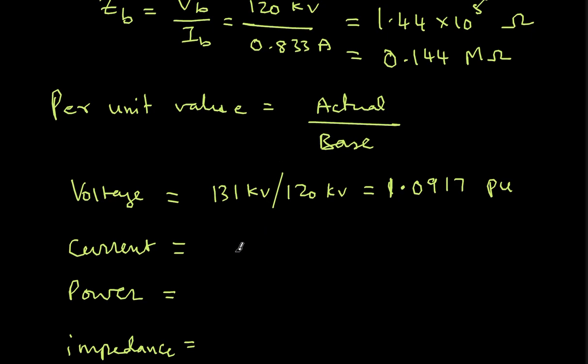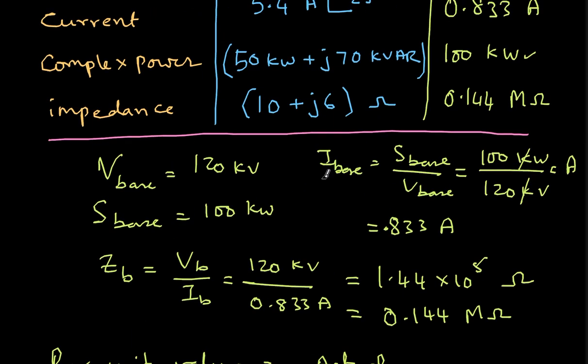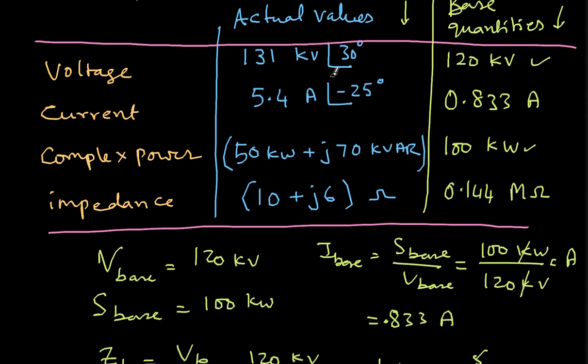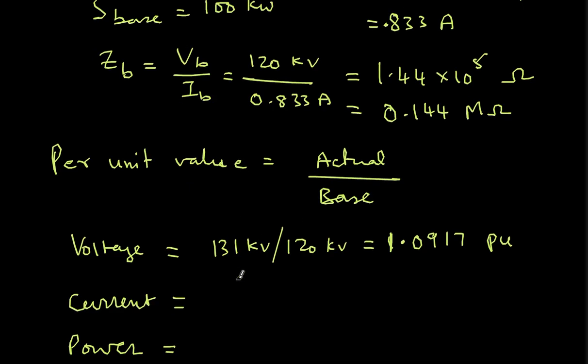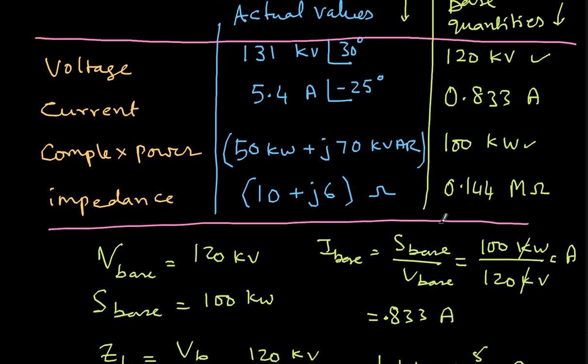What about the current? Here I had mentioned the current is 5.4. By the way, what do you do with this angle? The angle simply continues. The angle was here 30 degrees, and the same 30 degrees will come here. So the angle doesn't get changed. Only the magnitude gets changed, converted into per unit, and it's a unitless quantity.